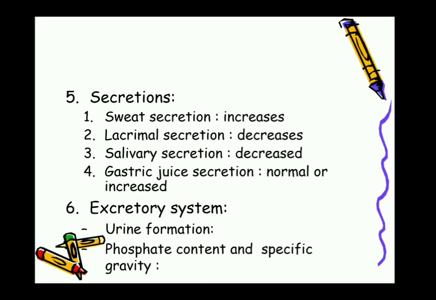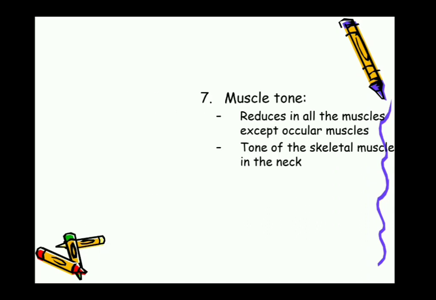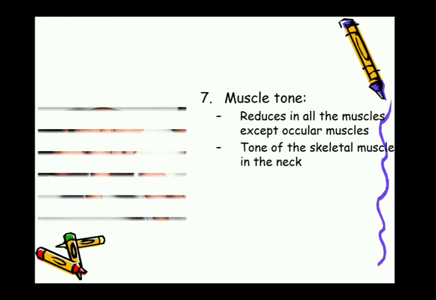Effect of sleep on the excretory system. Urine formation decreases, phosphate content and specific gravity increase. Muscle tone. Tone of all the muscles of the body decreases except ocular muscles.